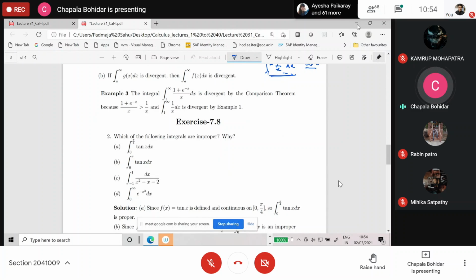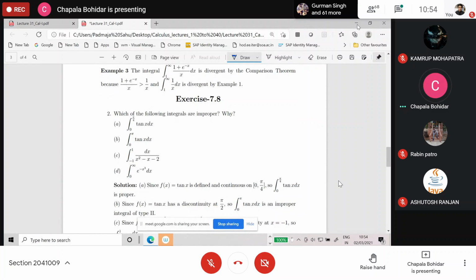It is defined and continuous in 0 to pi by 4, is it not? Yes, ma'am. If it is defined and continuous, then what do you say? It is a proper integral.